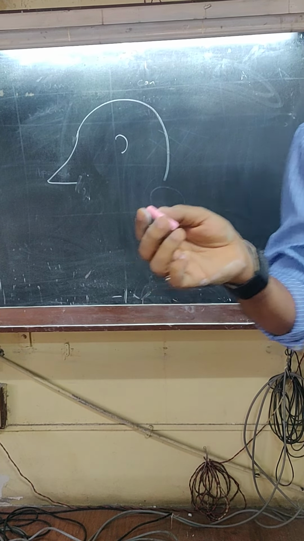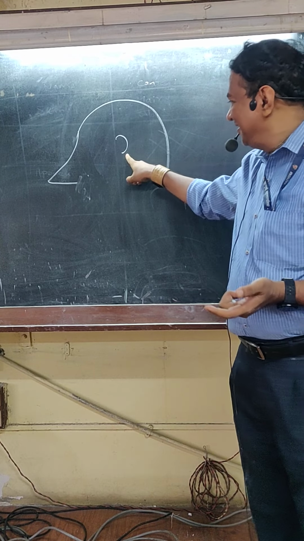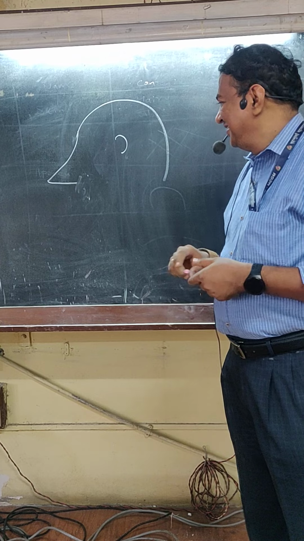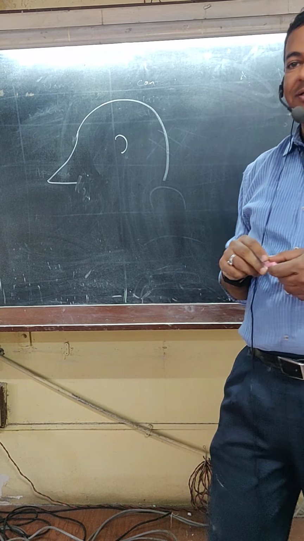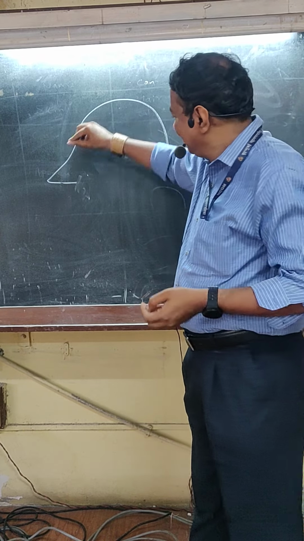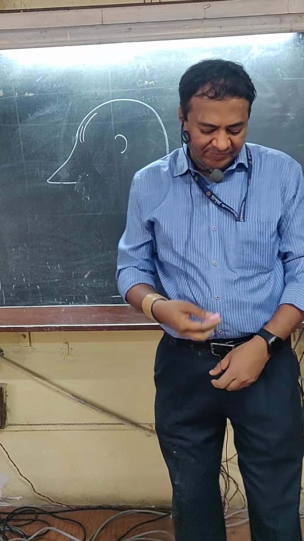Draw the nose, because it is not that bad, and this is the ear. So the blood supply. Anteriorly, so that I don't have to write anterior and posterior, I took the names: supraorbital and supratrochlear arteries.